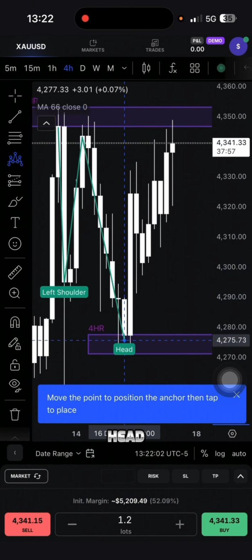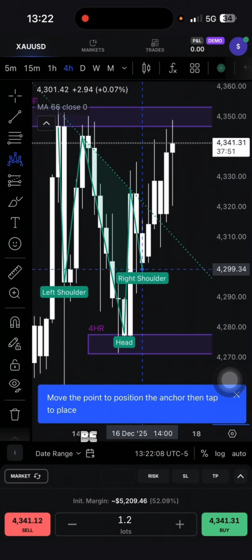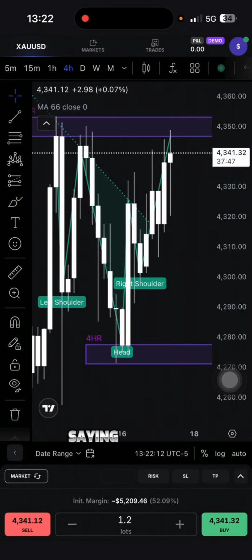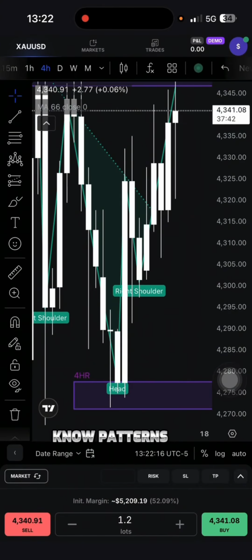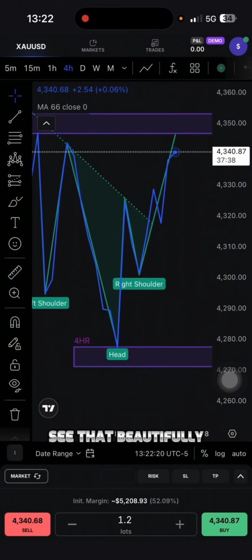This is the head. And this would be the right shoulder. You know what I'm saying? It's kind of sloppy, but if you really know patterns, you would have been able to see that beautifully.